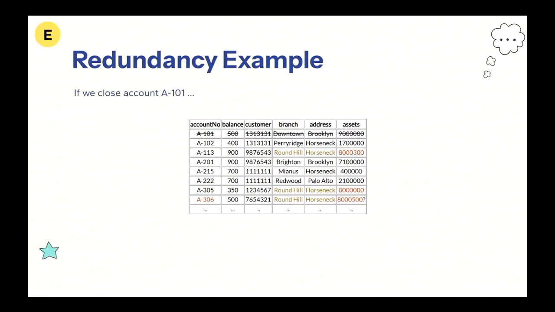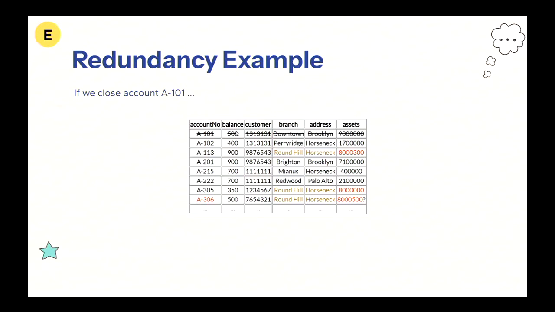And the last one is when we do deletion, it could also give us inconsistencies. So let's say we delete the account A101. First it will affect the assets of the affected branch. And the worst case is if this account is the last account for that branch, we will totally lose the information of that branch, the downtown branch here.